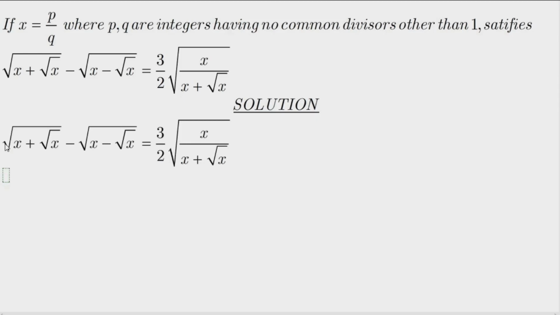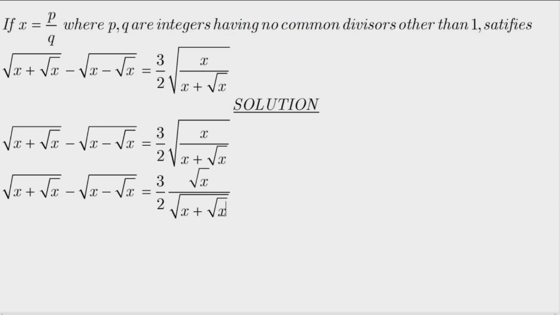So what I'm going to do, I will keep the left hand side of this equation the same, and then that equals 3 halves times, so I'm going to separate the square root, which is equal to square root of x divided by square root of x plus square root of x.